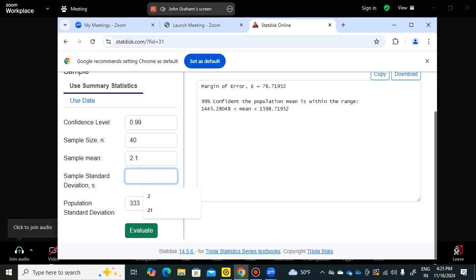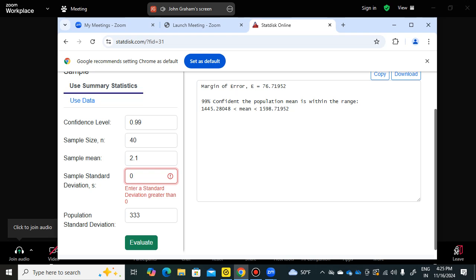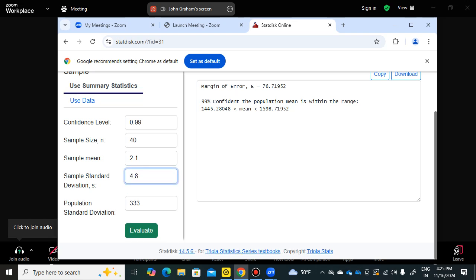Sample standard deviation is 4.8. No population standard deviation. And we get a weight loss of 0.045 to 4.16.